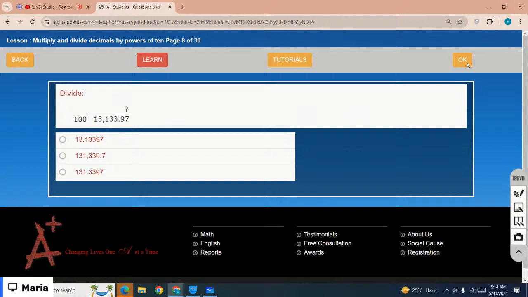Thirteen thousand 133.97 divided by 100. So which is the correct option?